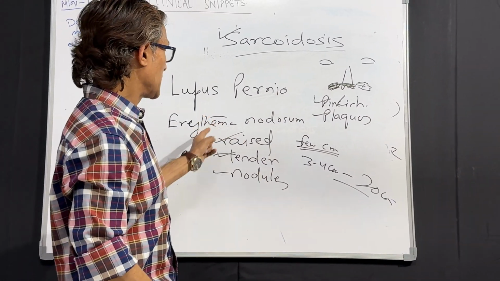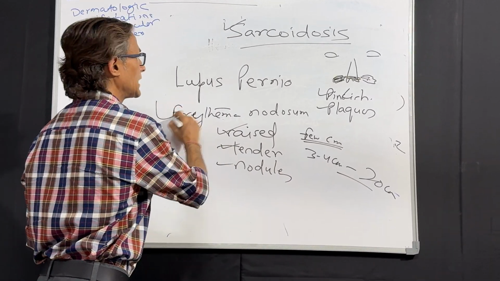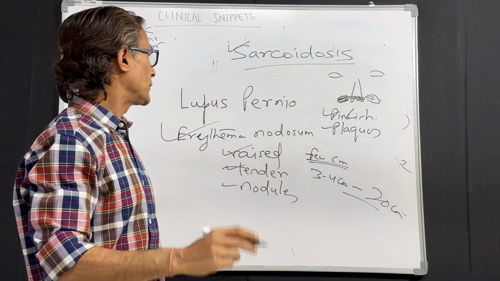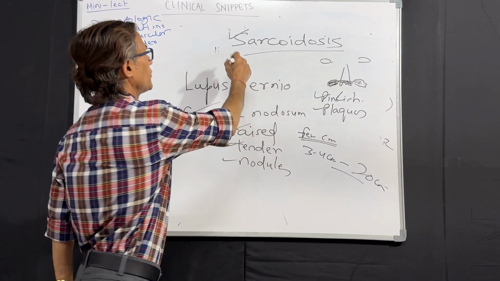Elongated, erythematous, raised, tender nodules: erythema nodosum, also known as panniculitis, inflammation. Erythema nodosum in sarcoidosis.